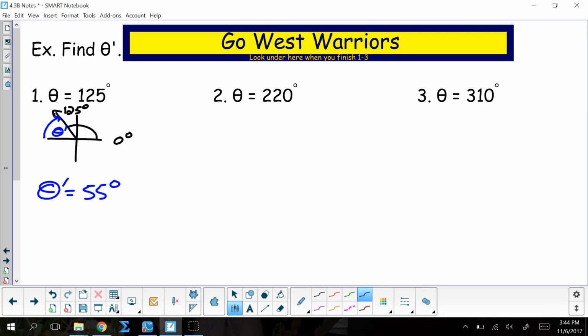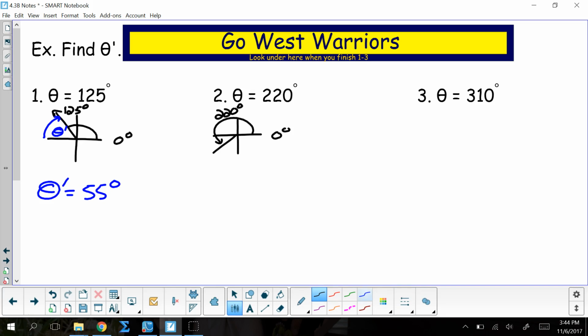If we give you the problem in degrees, you can give us the answer in degrees. If we give it to you in radians, give it to us in radians. Here then, 220 degrees is more than 180, but less than 270. So it's somewhere down here. So that's 220 degrees.